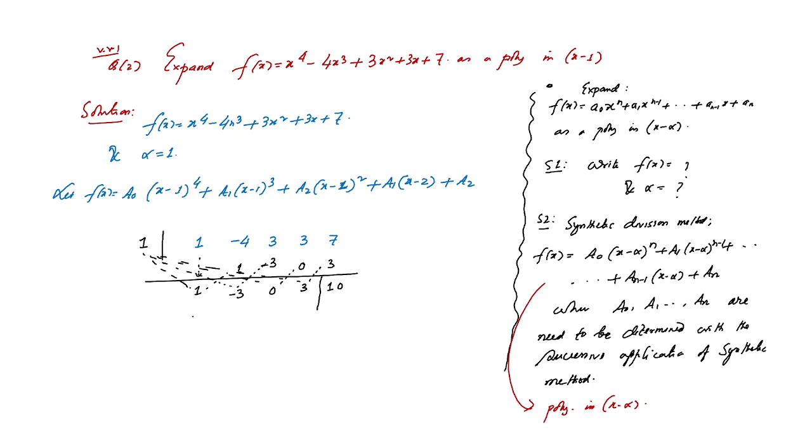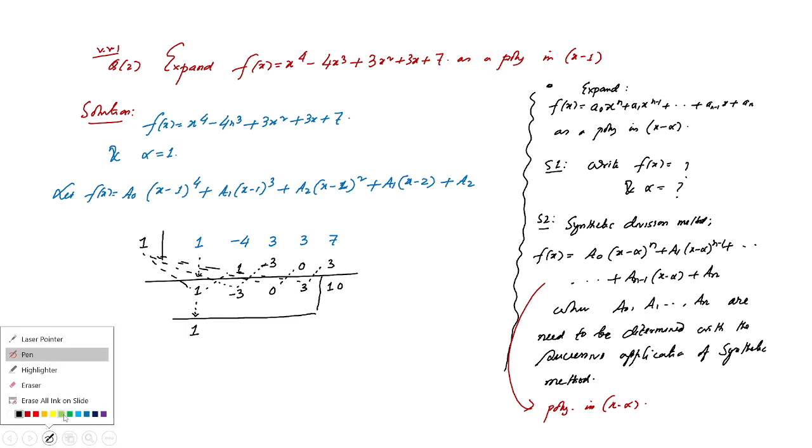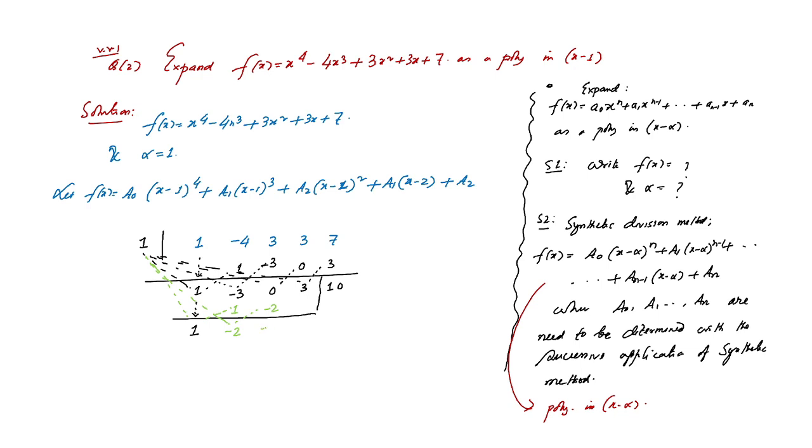Now 10, leave it, 10 remains. Then again we will apply the synthetic method. So 1, write here 1. Then 1 into 1. Change the color. So 1, 1. So 1 plus minus 3, this is minus 2. Next 1 into minus 2, minus 2. Now this is also minus 2.